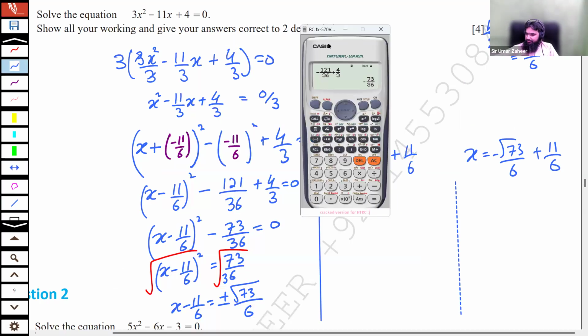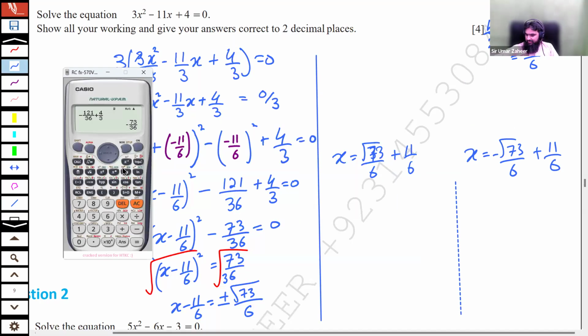Let's find the value. Yes, everyone, do you have a calculator? Then please find the value of square root 73 divided by 6 plus 11 divided by 6. Yes, what is the answer?